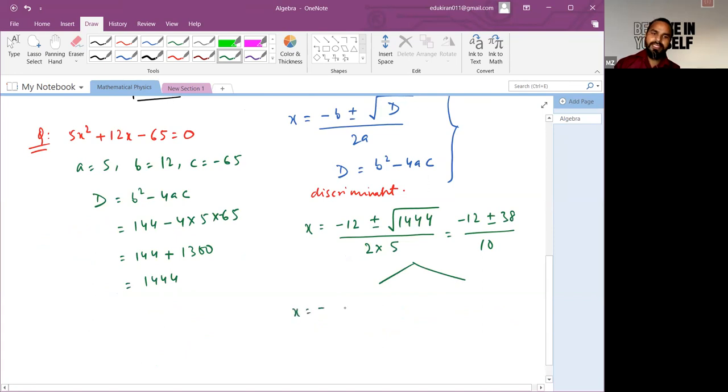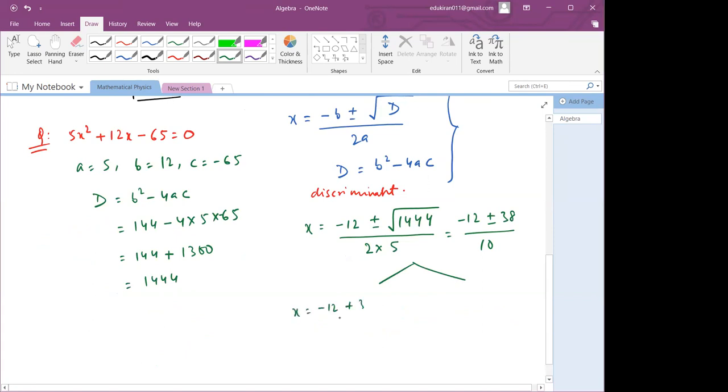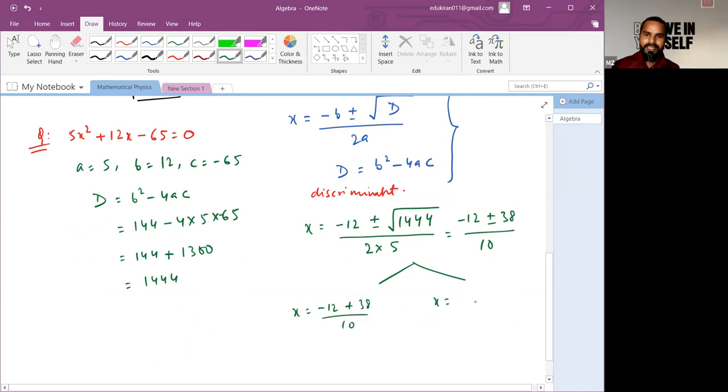So x is equals to minus 12 plus 38 divided by 10, 26 over 10, or x will be minus 12 minus 38 divided by 10. So 38 minus 12, I think 26 divided by 10, I think 13 by 5.